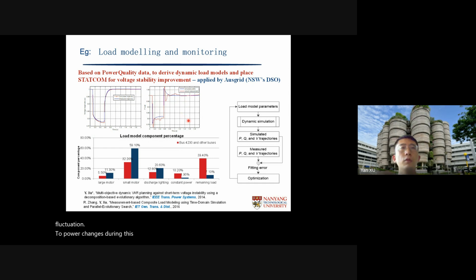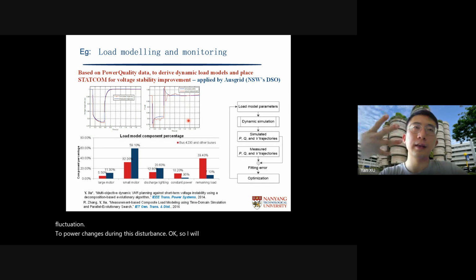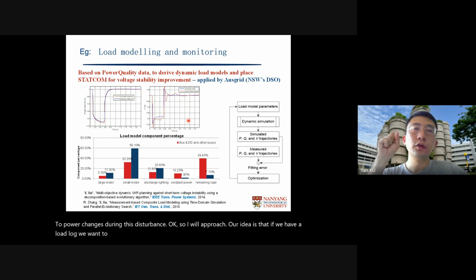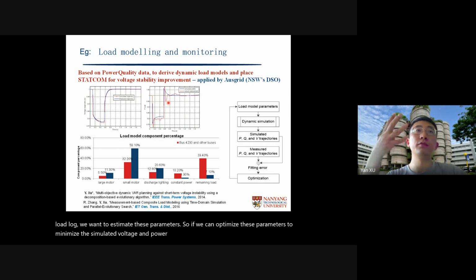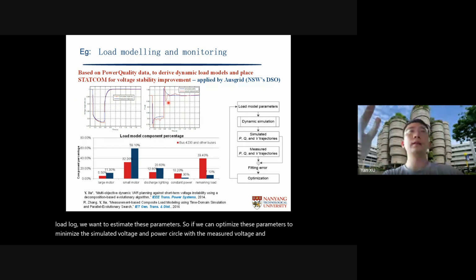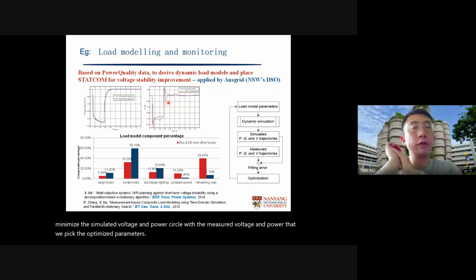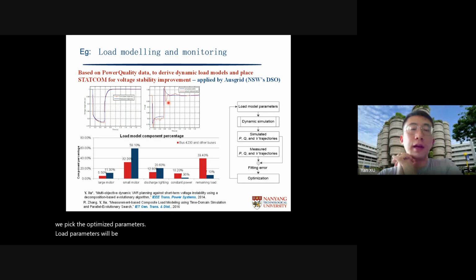So our idea is that if we have a load model, we want to estimate its parameters. If we can optimize these parameters to minimize the difference between the simulated voltage and power curves and the measured voltage and power curves, then the optimized load parameters will be close to reality.